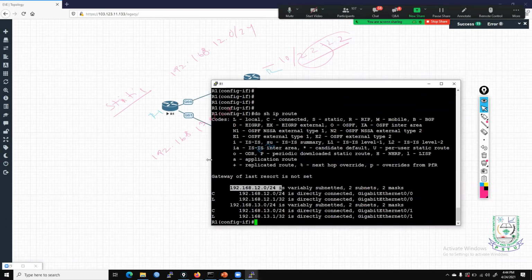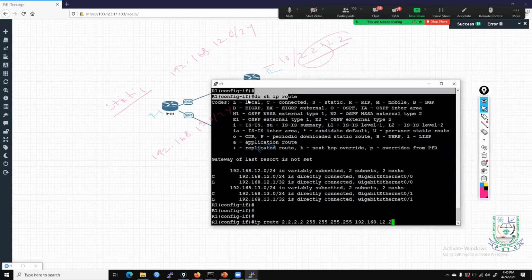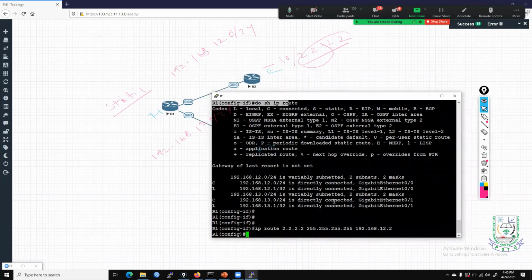Okay, I have to finish the R1 task, so I'm completing that part also. So ip route 2.2.2.2 255.255.255.255, and the next hop address is 192.168.12.2, the IP address of R2, for reaching 2.2.2.2.